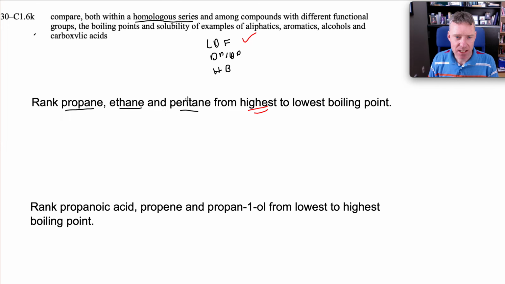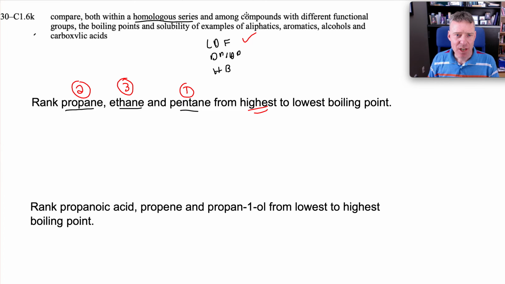So that'd be pent in this case, so that would be the highest. Second most electrons, really can just use carbon count as a proxy, would be our prop. And third would be our eth. So whether they're consecutive members or there is a gap in between, it doesn't matter in applying the London dispersion forces to the series.